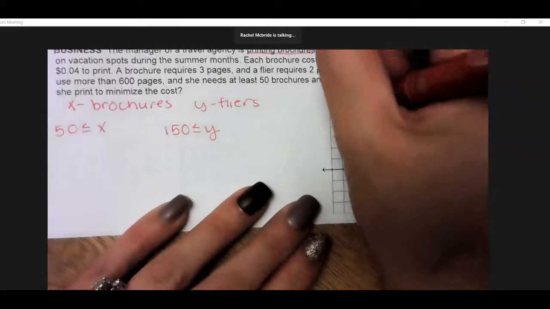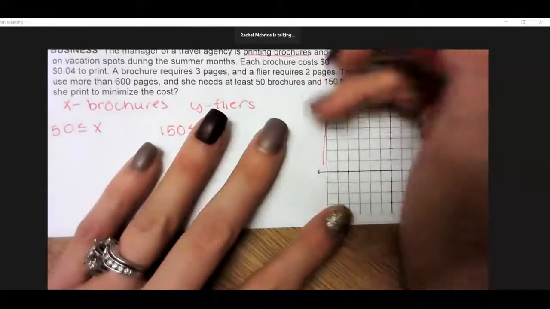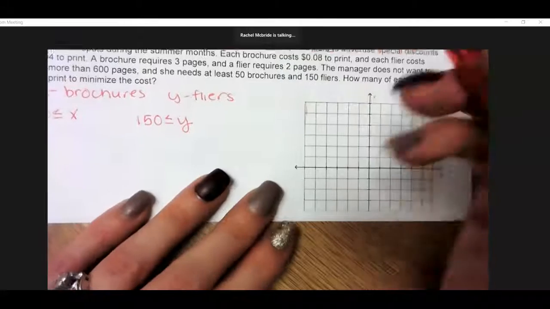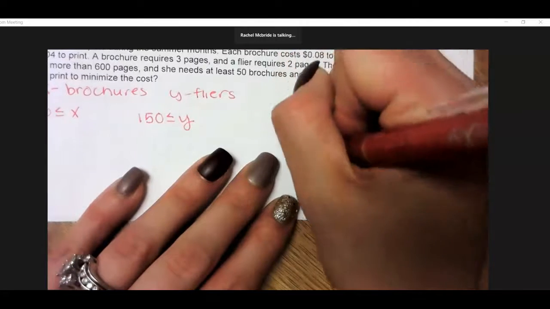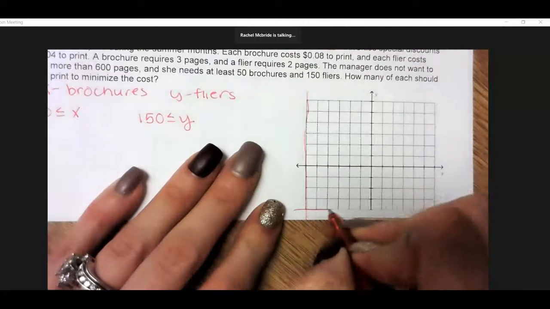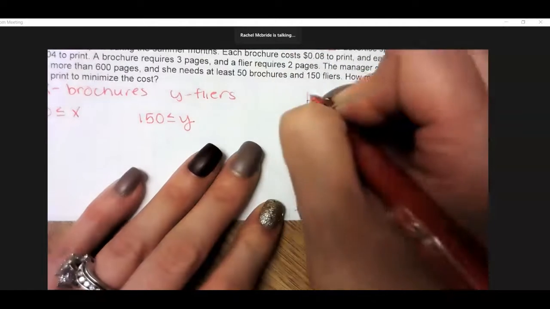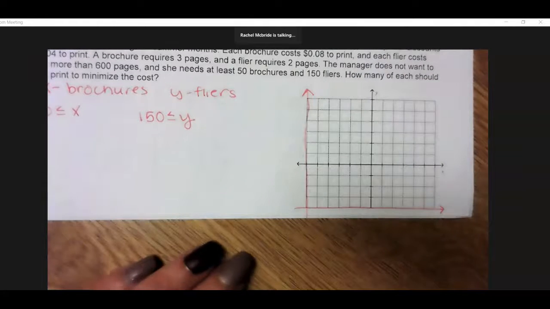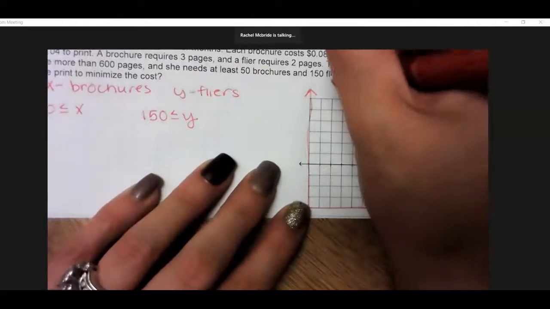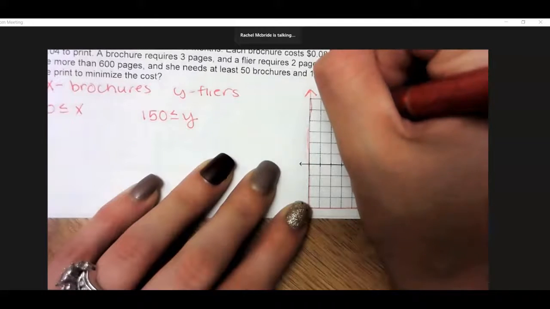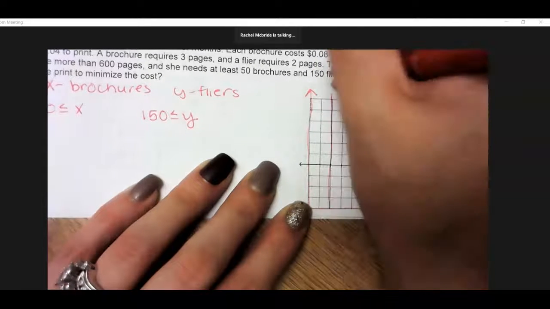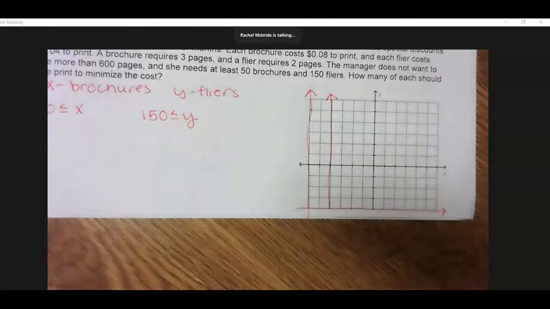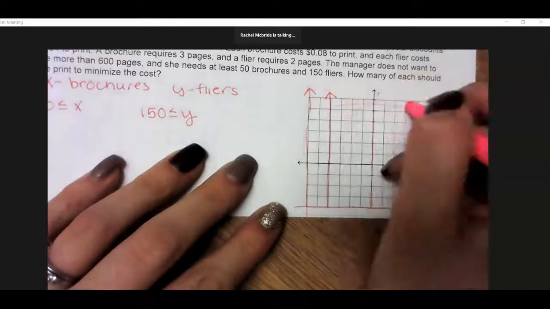So again, graphing those two constraints, I'm probably going to move my graph to ignore the x and y axes. I'm going to redraw them over here. I'm going to go by 25s again. So here's my 50. We know that at 50 we're going to shade to the right.